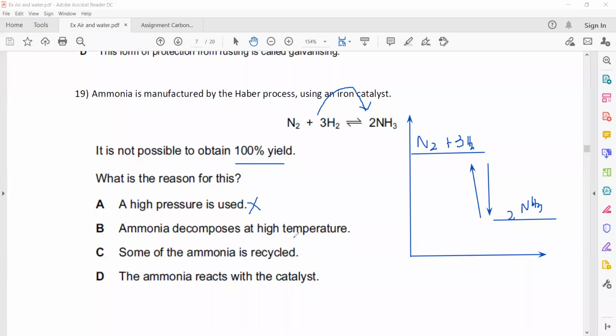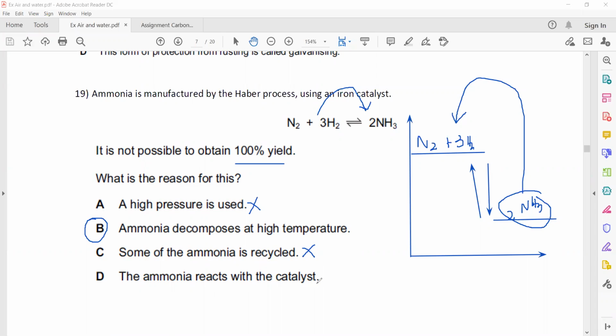Ammonia decomposes at high temperature. Because the forward reaction is exothermic, if we increase the temperature, ammonia will decompose and form back nitrogen and hydrogen. That's why B is the right answer. Some of the ammonia is recycled? Ammonia is not recycled. Nitrogen and hydrogen are recycled.